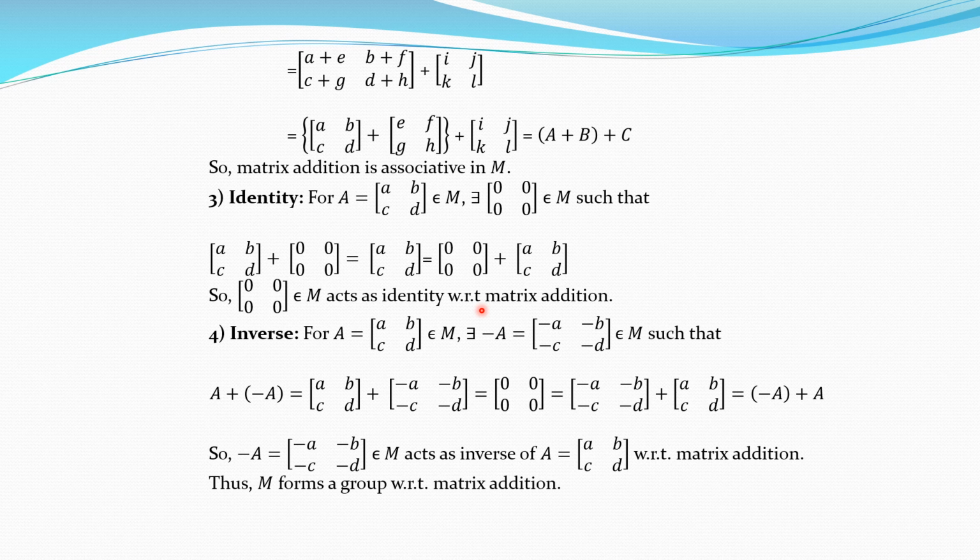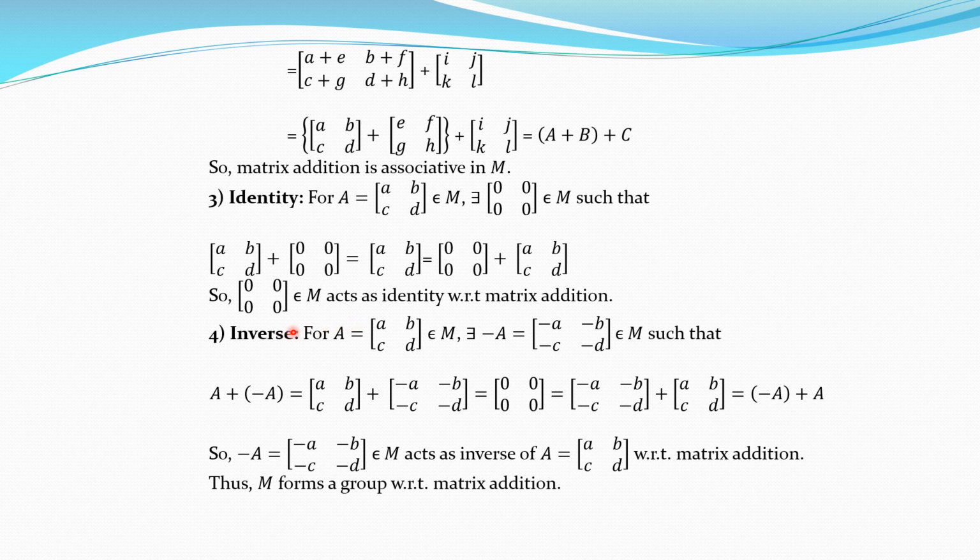Now the last property is inverse. For every A in M, we have to find some matrix B such that A plus B is equal to B plus A is equal to the identity element, that is the 0 matrix. So in that matrix A, B, C, D, we have to add some matrix so that the right side matrix is 0, 0, 0, 0. In this A, if we add minus A, then only we get 0.